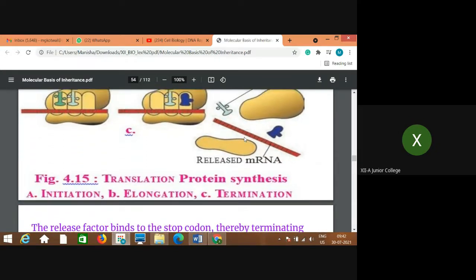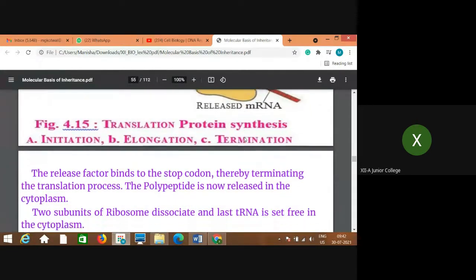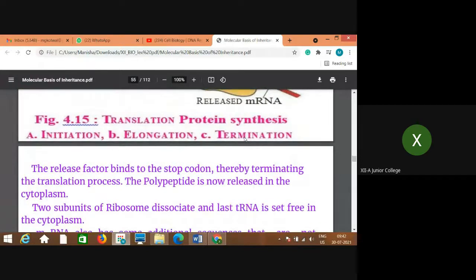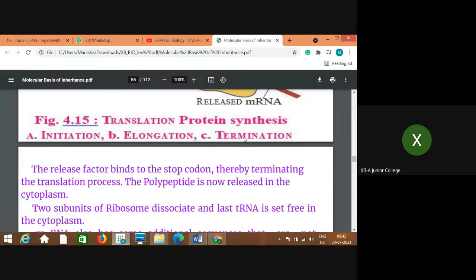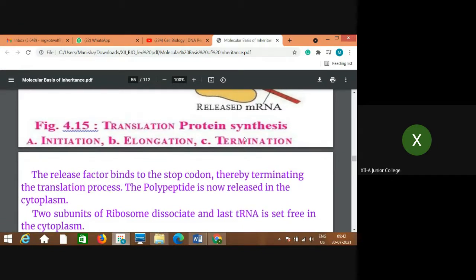So this is the translation part of protein synthesis, which includes initiation at the 5 prime end of mRNA by the addition of the first amino acid at the AUG initiator on mRNA.